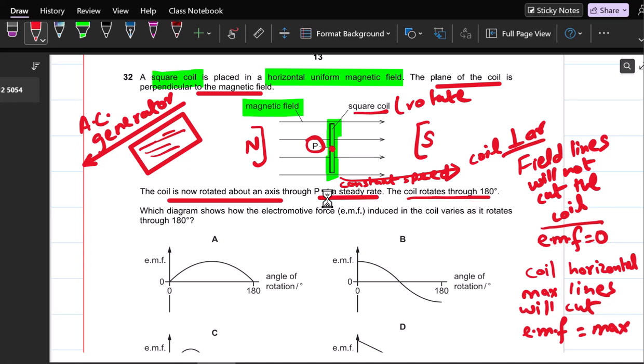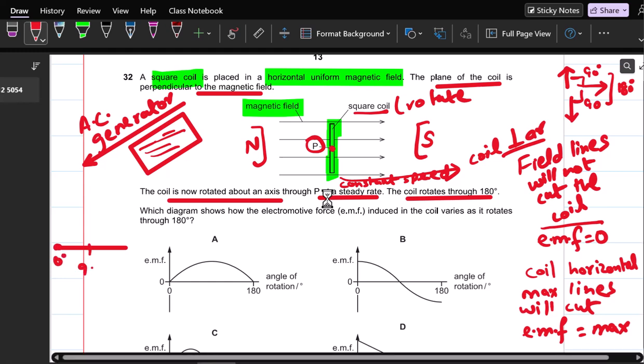The coil rotates about 180 degree. अगर बेटे ये perpendicular है, suppose I am representing by arrow, जब ये rotating है, तो ये 180 रोटेट करना है, for example it comes this way, it means it is rotated 90 degree. If it comes in this way, it means 90 again rotated, so total is 180 degree. अगर मैं एक्सिस बनाऊं like this, here I am having 0 degree, here I am having 90 degree, and here I am having 180 degree.